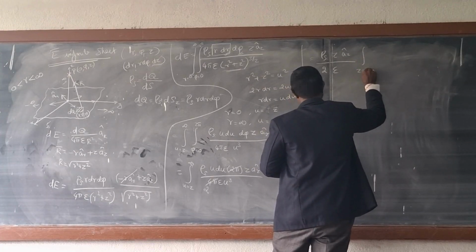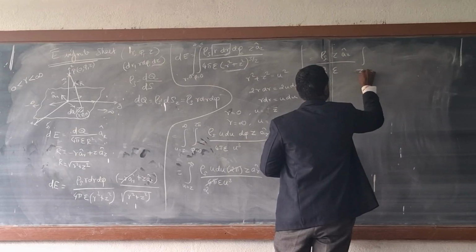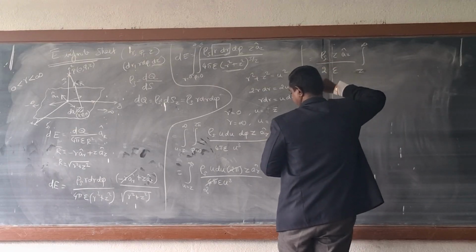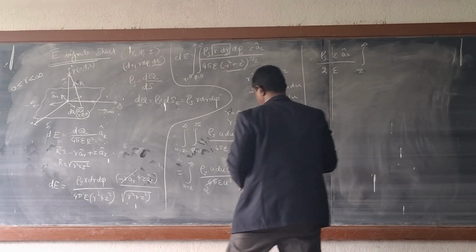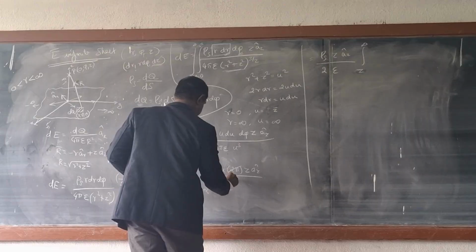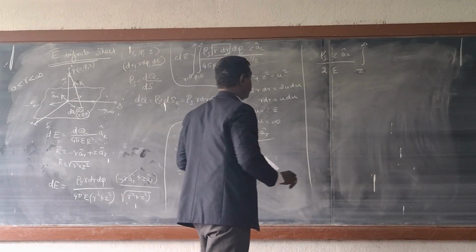Integral from u equal to Z to infinity. This u and this will get cancelled, so u power minus 2.